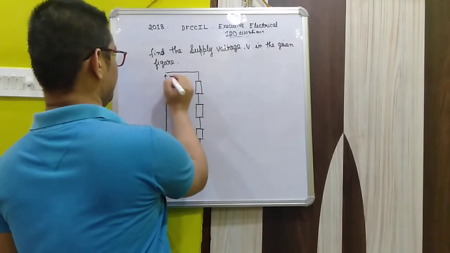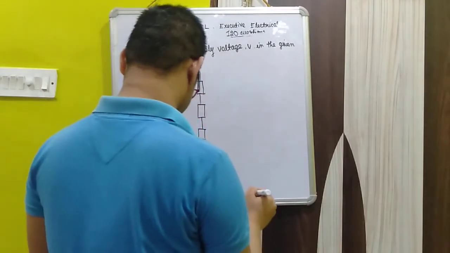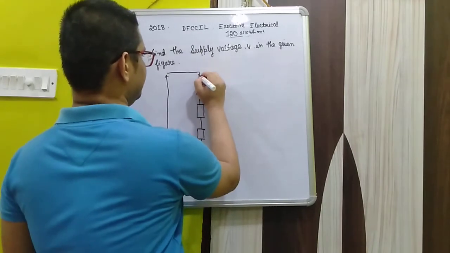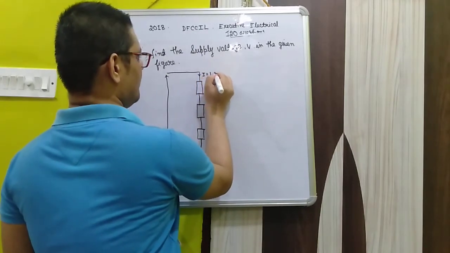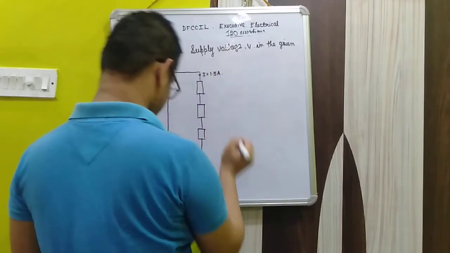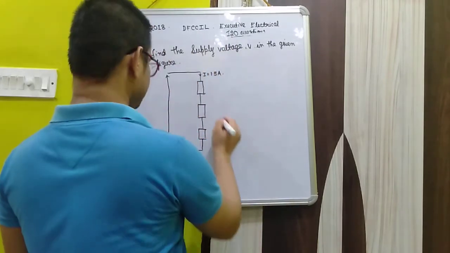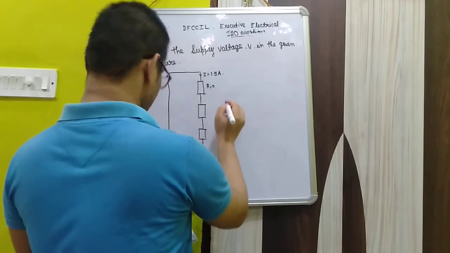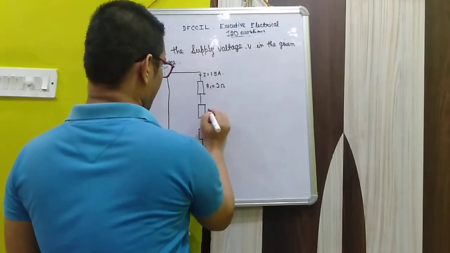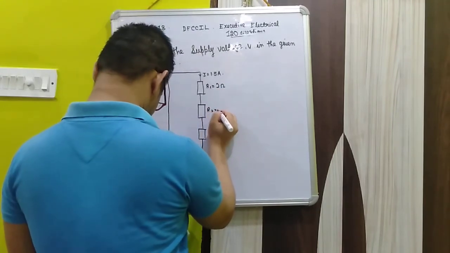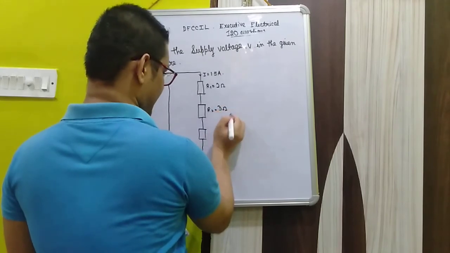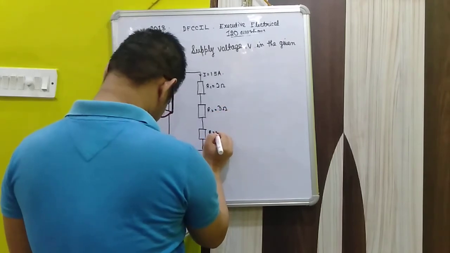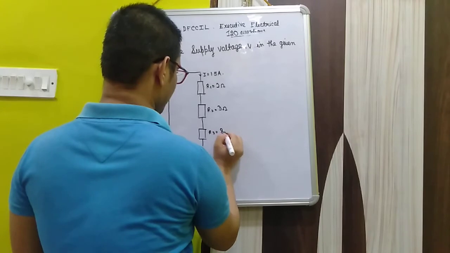I'm sorry, it became a zigzag line, please excuse me for that. And here I is equal to 1.5 ampere, already given in the question. R1 is 2 ohm, R2 is given as 3 ohm, and R3 is given as 8 ohm.